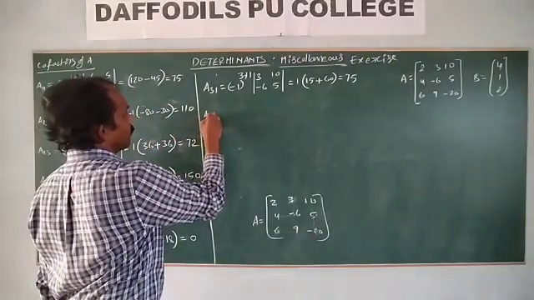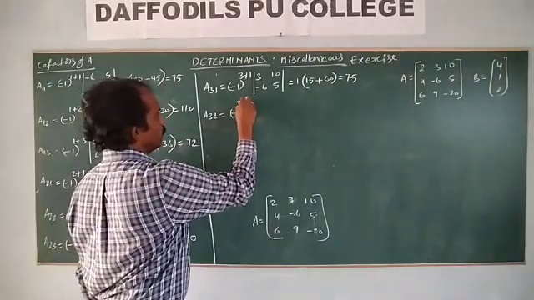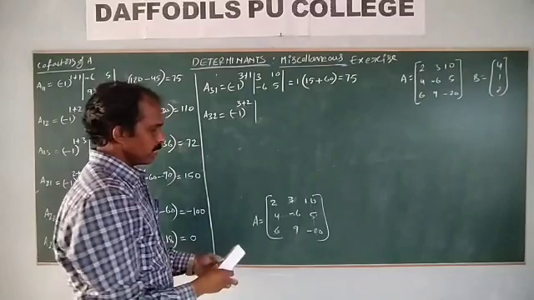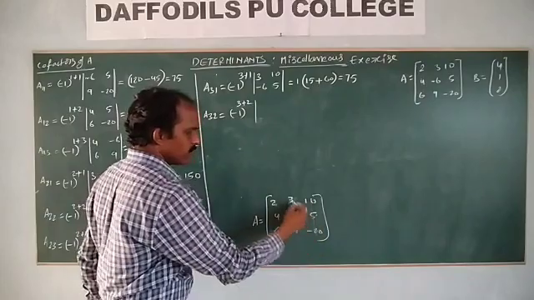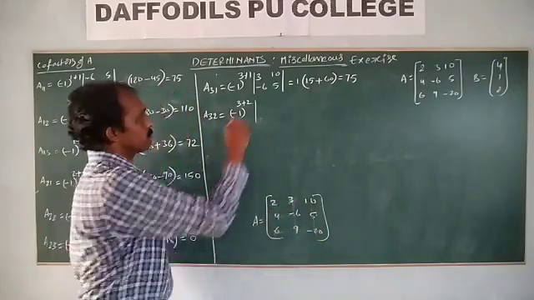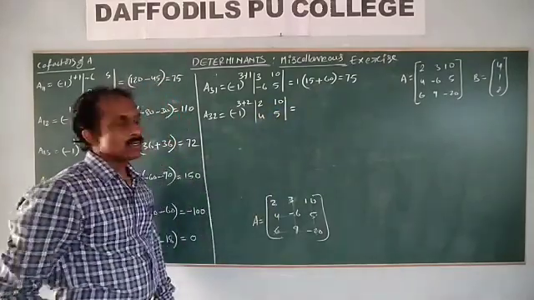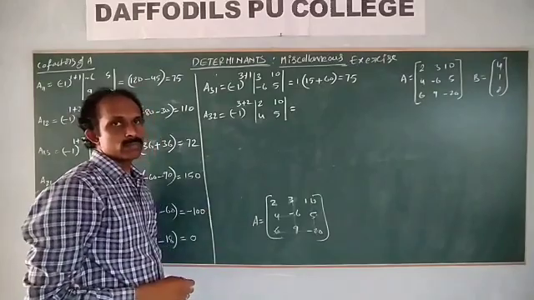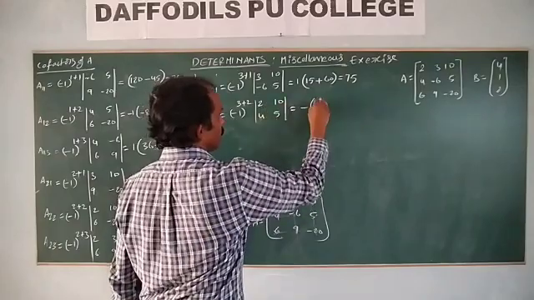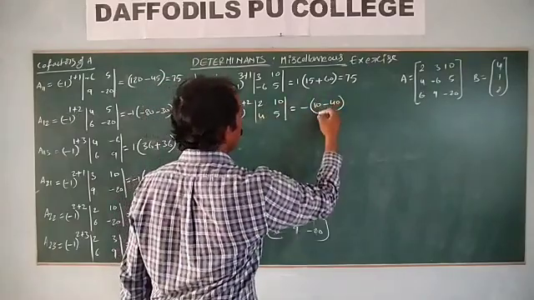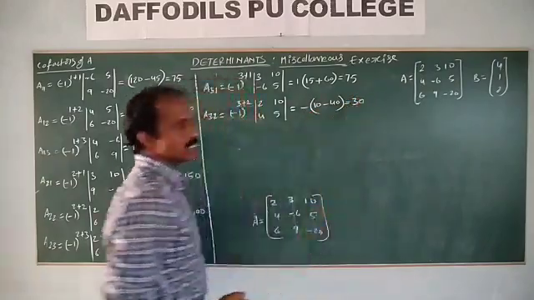Next, A32: minus 1 to the power of 3 plus 2 and its minor. Deleting this row and this column, leaving 2, 10, 4, 5. Minus 1 to the power of 3 plus 2 is minus 1 to the power of 5, so minus. 10 minus 40 is equal to minus 30, so minus, minus 30 gives plus 30.